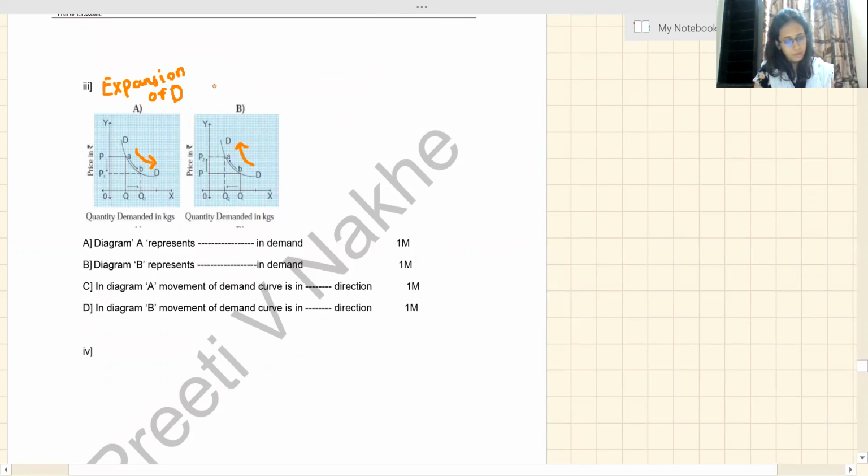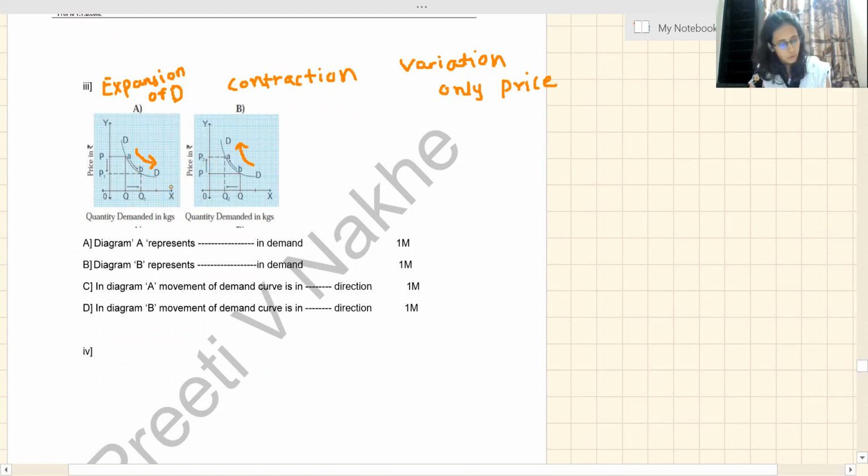Diagram B represents dash in demand. What will it be? It will be a contraction of demand. This is the variation type of demand, where expansion and contraction take place only because of a change in price. You can see here the price is falling and here the price is rising. Two cases are there.